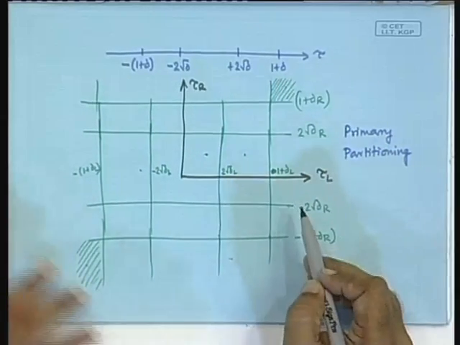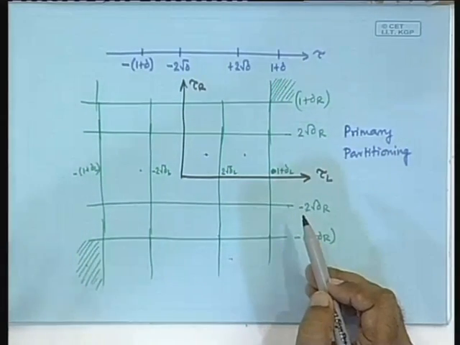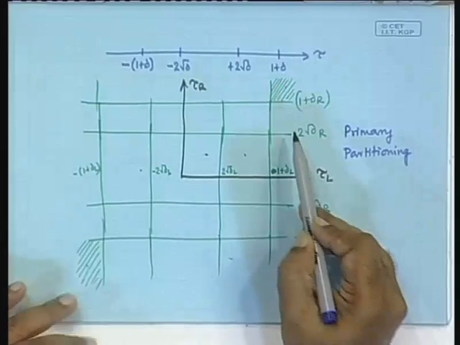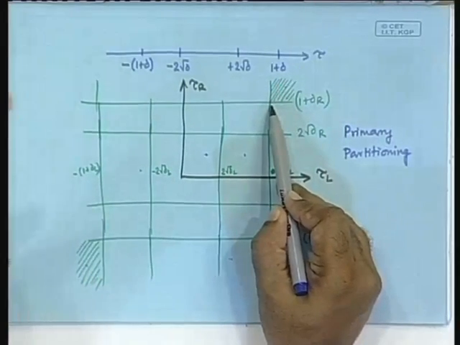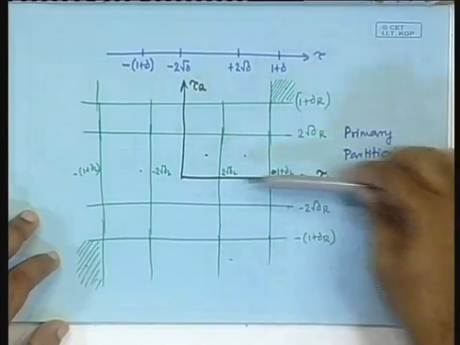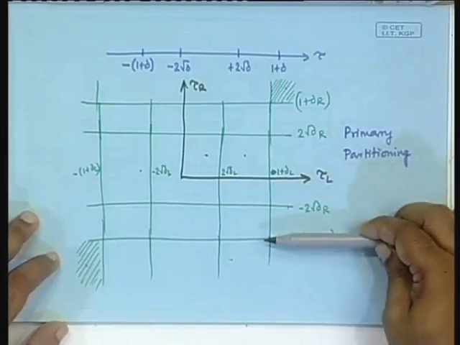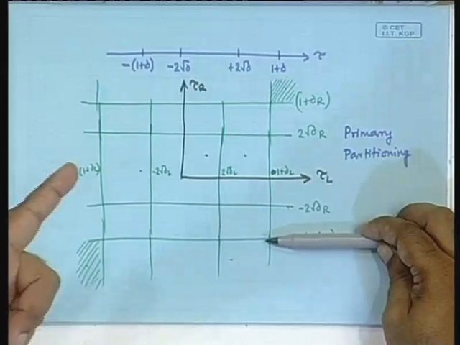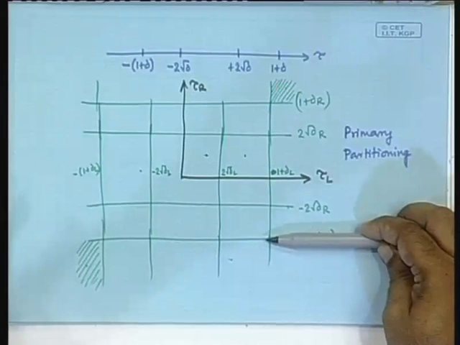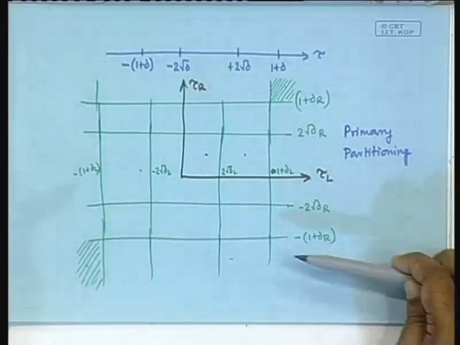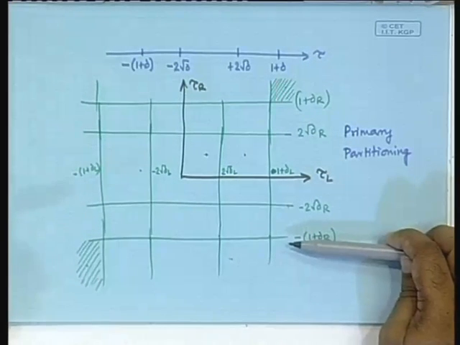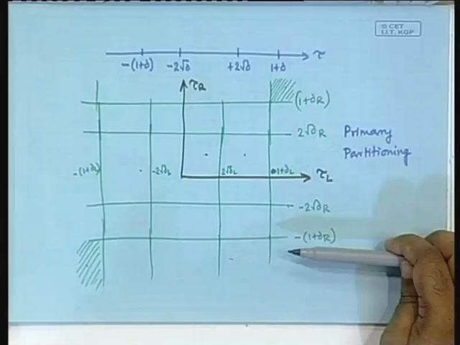Obviously, let us look at the fixed point of the right hand side. If the eigenvalues of the right hand side are such that tau R is between 1 plus delta R and minus 1 plus delta R, then the fixed point there is stable. Okay. But here, where it is below minus 1 plus delta R, it is obviously unstable.